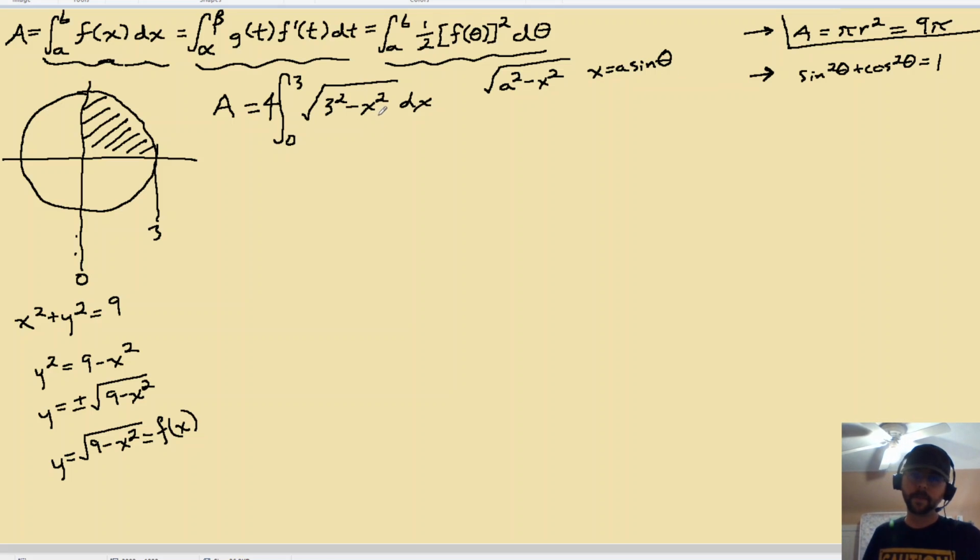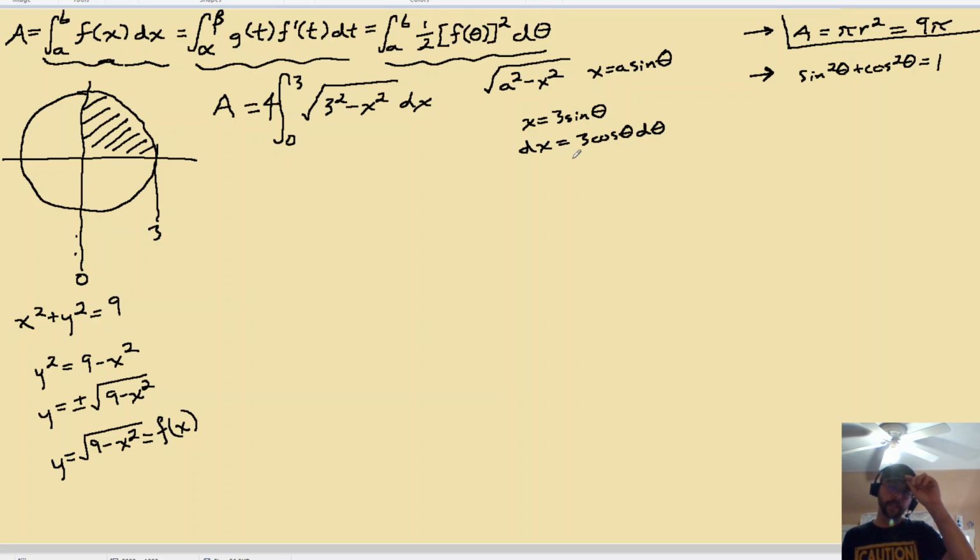So in this case, for our actual integral, we're going to say x equals 3 sine of theta because a equals 3. And then dx equals 3 cosine of theta d theta.